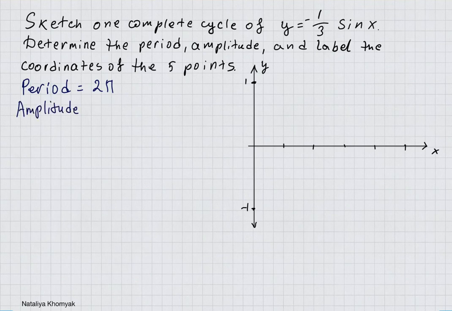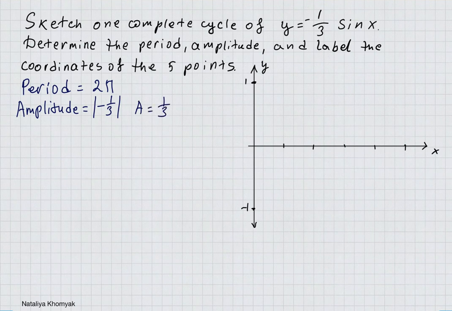Amplitude is the distance from the center line to the highest point or the lowest point. Distance is always positive, and it will be the absolute value of the coefficient of sine, which is negative 1/3. Our amplitude is equal to 1/3.